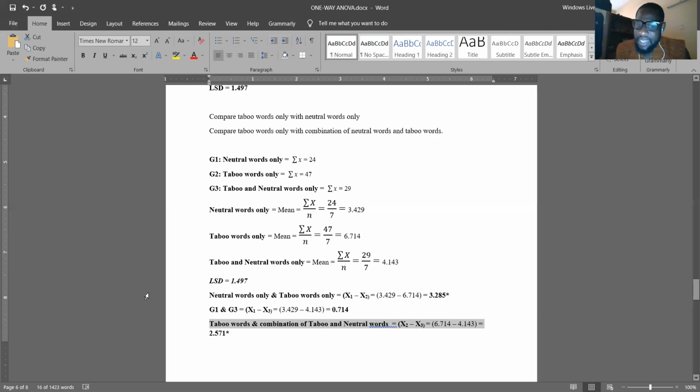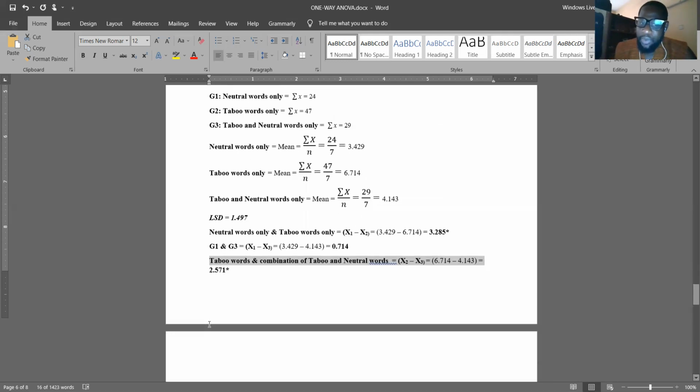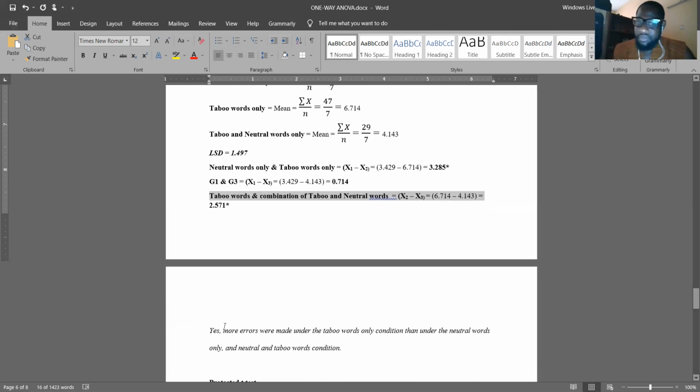And we're able to deduce that taboo words, definitely, they committed more errors than the other two groups. Hence, the researchers' hypothesis that more errors will be made under taboo words only than the two other conditions, that's neutral words only and neutral and taboo words condition, was true. So that's how you do the multiple comparison for LSD.